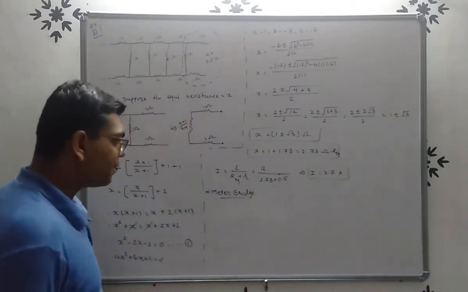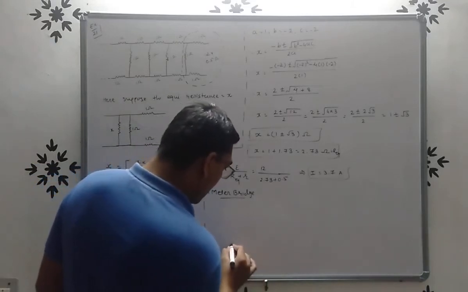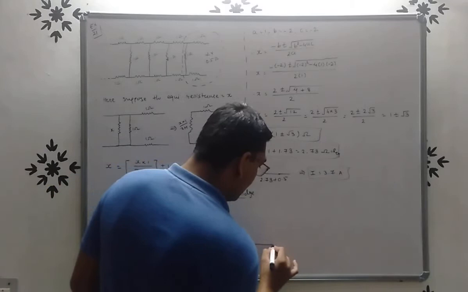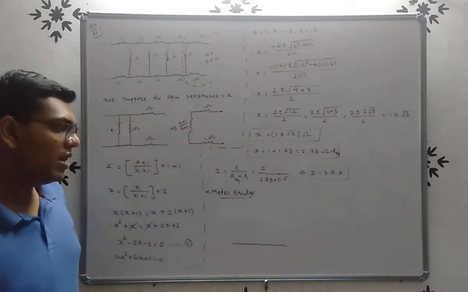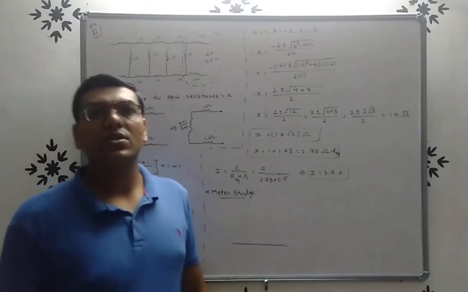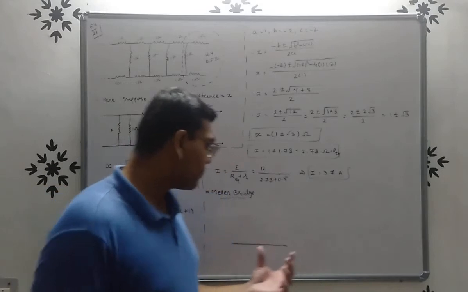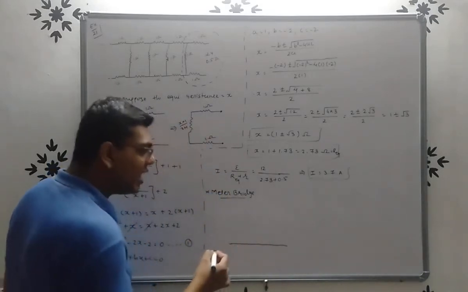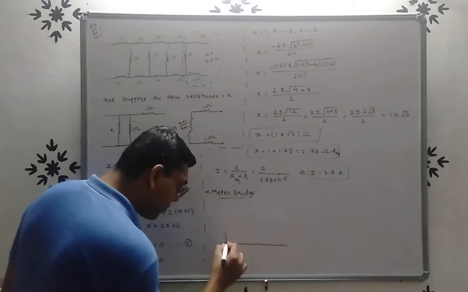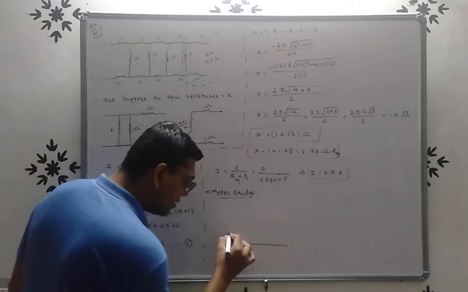So here in meter bridge, a wire having 1 meter length and having specific resistance, or we can say resistivity, is tied between the two steel plates like this.